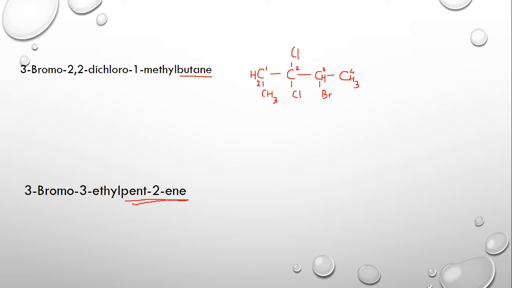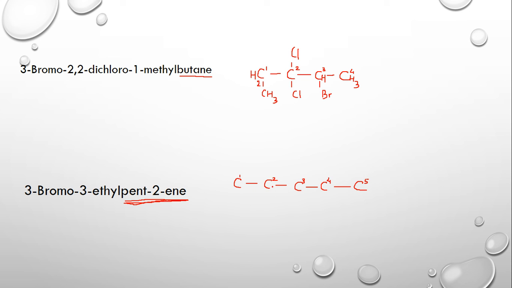Next example, pent-2-ene means the parent is going to be an alkene, which is a pentene. So pentene, it is 5 carbon atoms. The double bond is present between carbon number 2 and carbon number 3, as they are saying 2-ene. First write down the numbering.